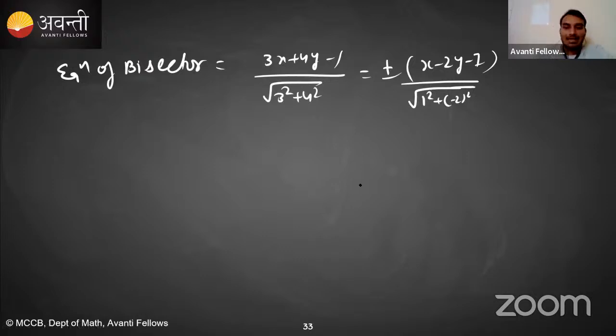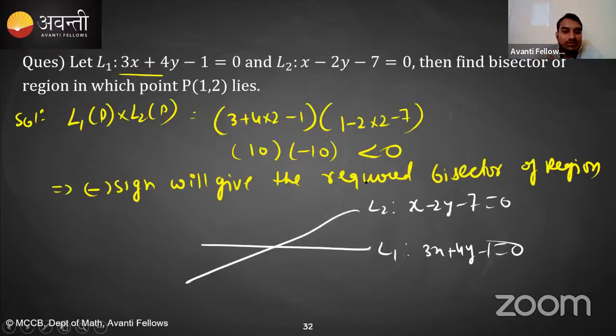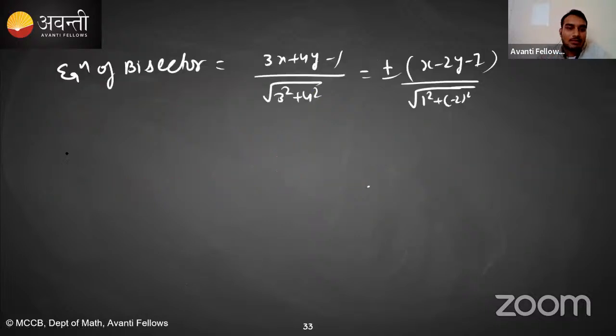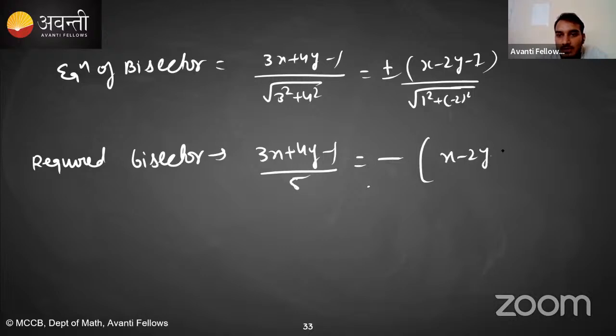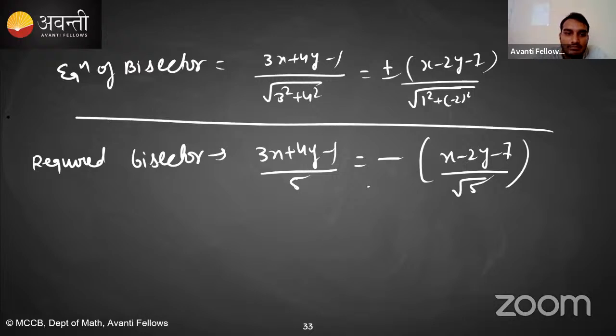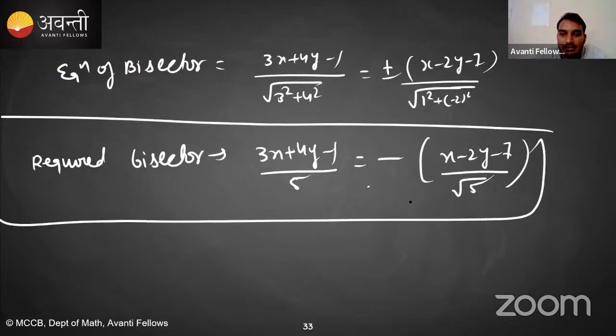So now we have already established that the negative sign will give me the required bisector. So the required bisector is: (3x plus 4y minus 1) upon 5 is equal to minus times (x minus 2y minus 7) upon under root 5. This is the answer. Clear?